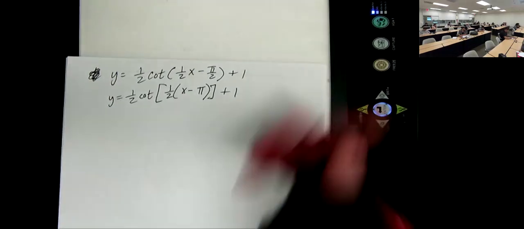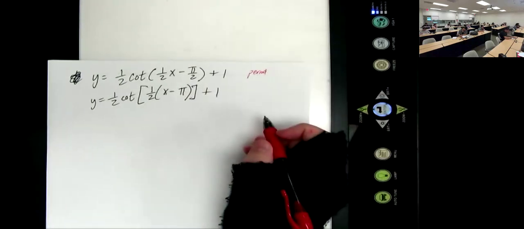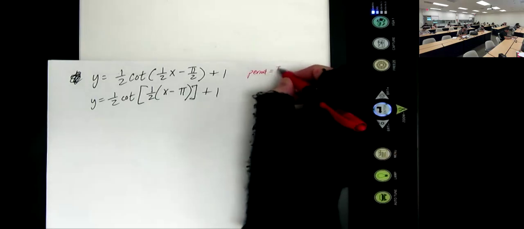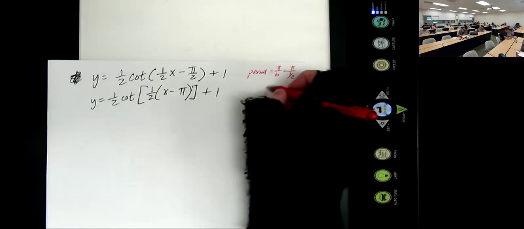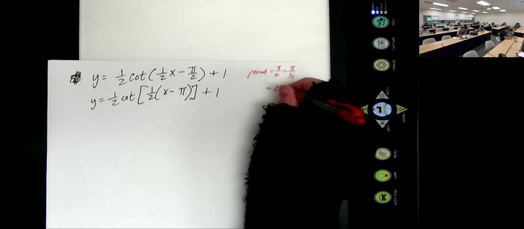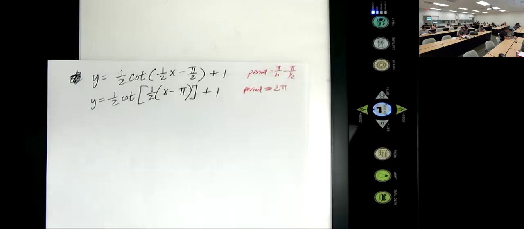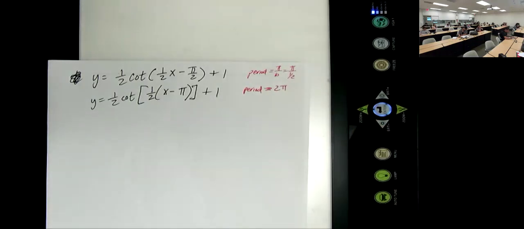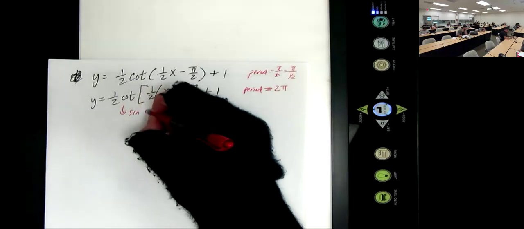So what's our period now? Pi over b is pi over 1/2, which is 2 pi. Cotangent has sine on bottom.